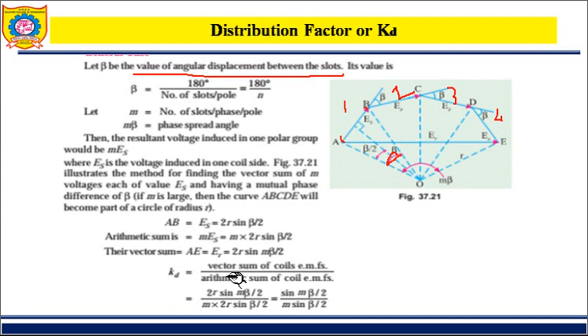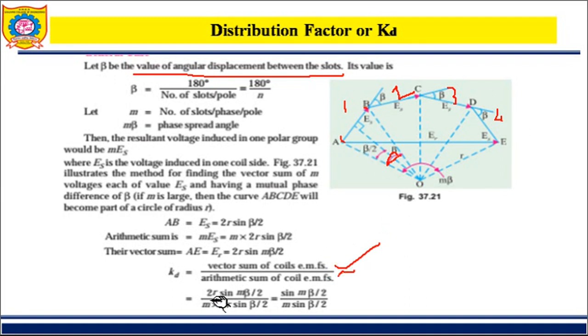Once again I am repeating my definition: the distribution factor is the ratio of induced EMF with distributed winding to induced EMF with concentrated winding in one slot. So this is nothing but the ratio of the vector sum of coil EMFs to the arithmetic sum of coil EMFs.